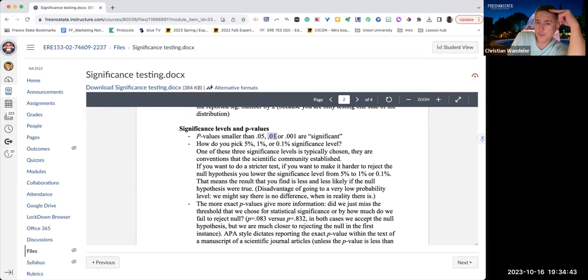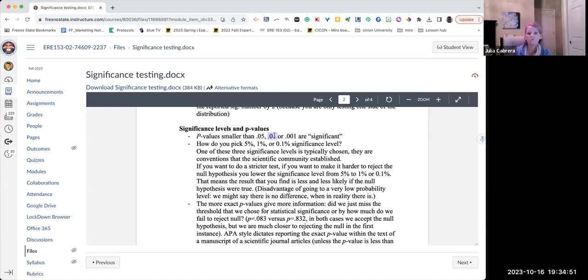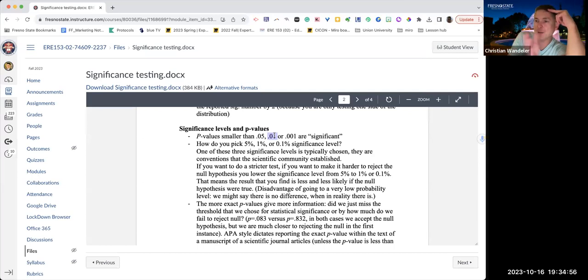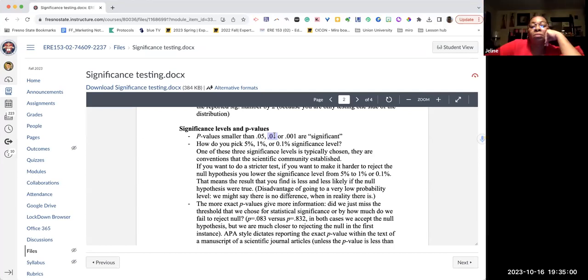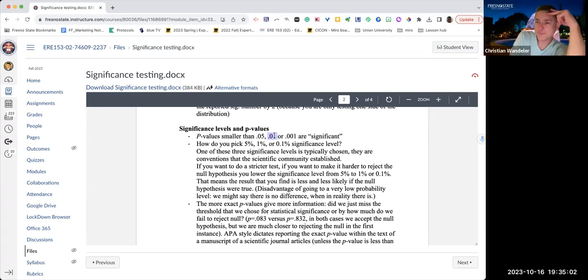If we pick the 0.01 level and we get a p-value of 0.02, then it would not be significant, because it's higher than 0.01. So that's retaining. Yep, retaining.